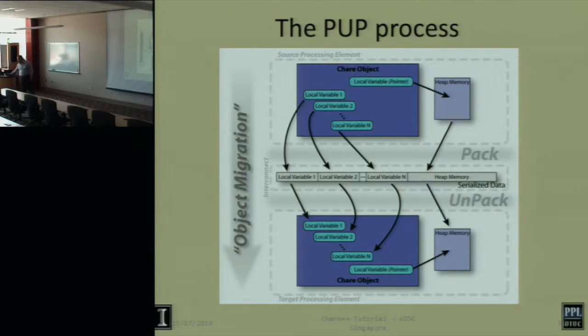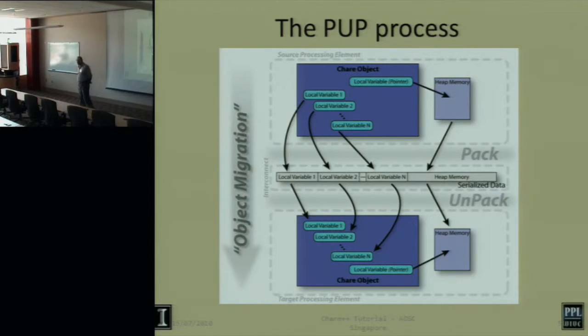So look at the actual process of packing. Look at the chare object here. In this case, this is standard in the complexity level that we expect for a chare object, in that it's got a bunch of local variables. Some of them are just member variables. One of them is a pointer to heap.